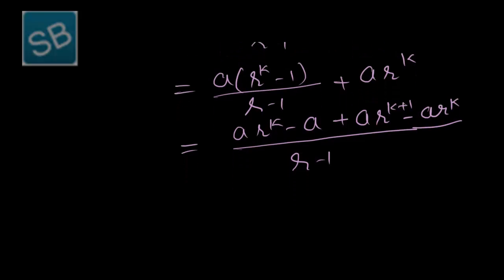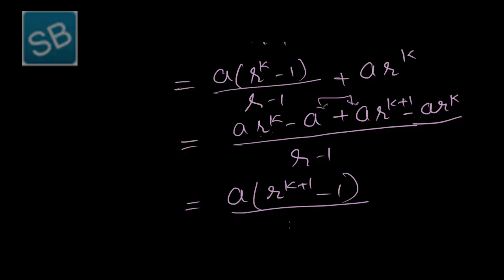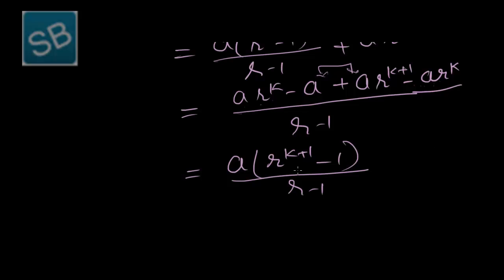So if we see, A into R raised to power k is positive minus ARk, these two terms are equal and cancel out. We get A common out, and R raised to power k plus 1 minus 1 from these two remaining terms over R minus 1. So this is the result we want to get.